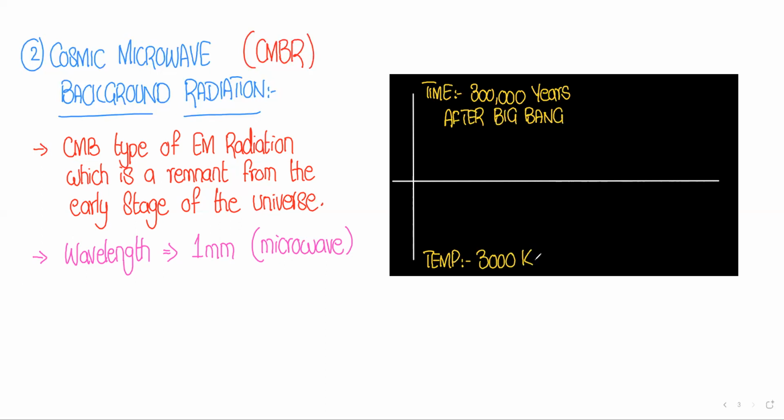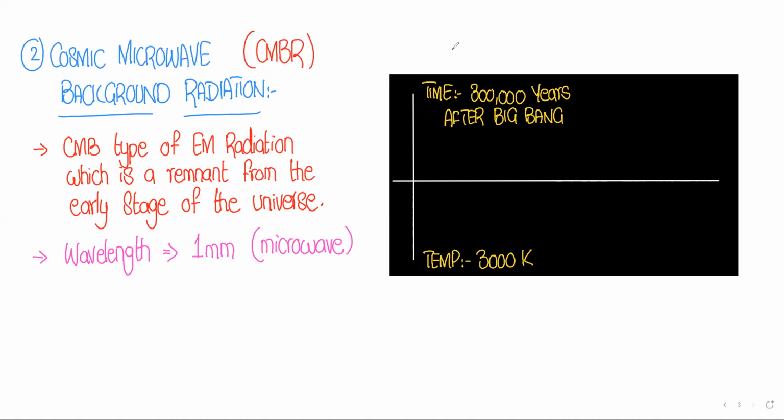At that time, if we want to draw the wavelength, how was the wavelength of the waves after 300,000 years of the Big Bang?